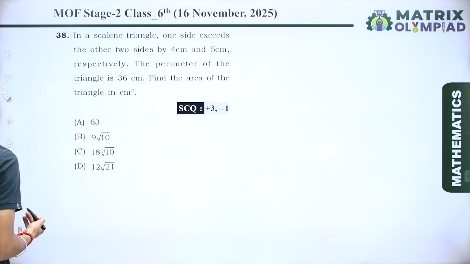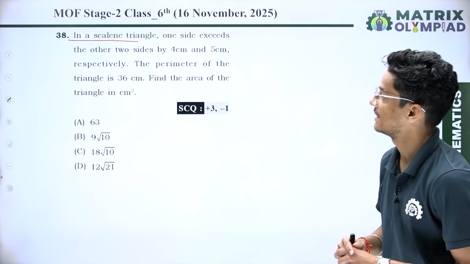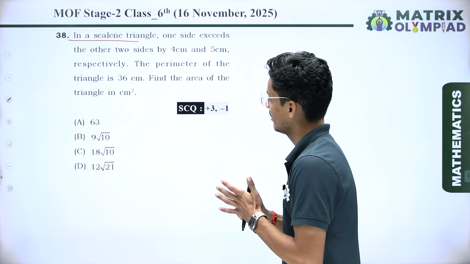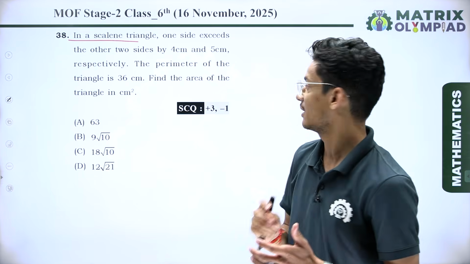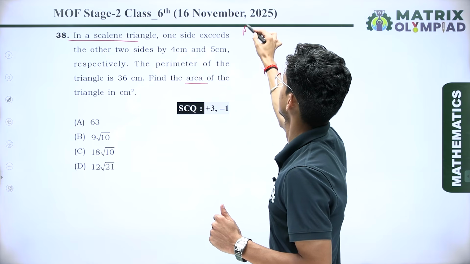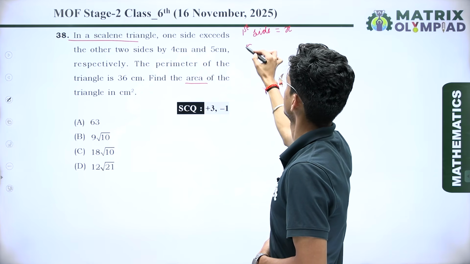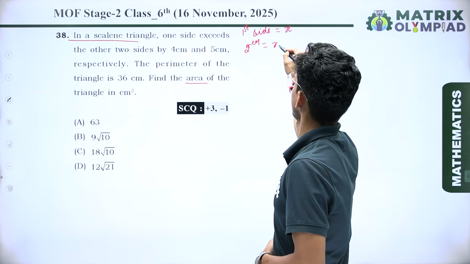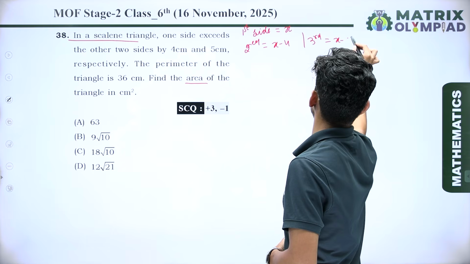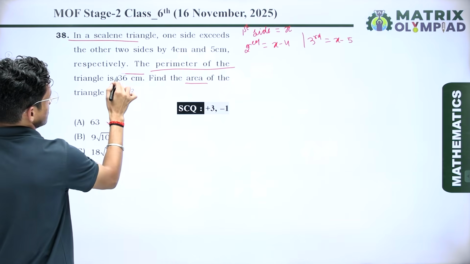So now the next question: in a scalene triangle, one side exceeds the other two sides by 4 cm and 5 cm respectively. The perimeter of the triangle is 36 cm and we have to find the area of this triangle. Let the first side be x, then the second side is x minus 4, and the third side is x minus 5. Here the perimeter is given as 36 centimeters.